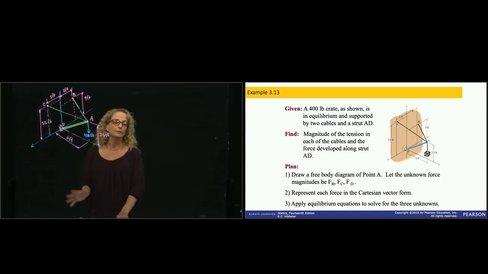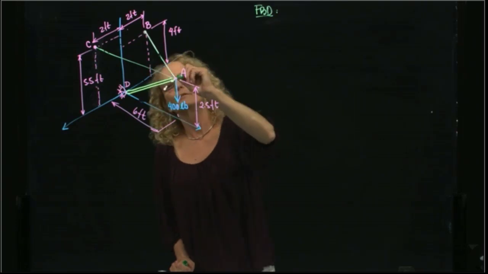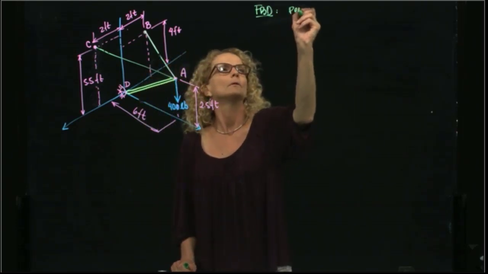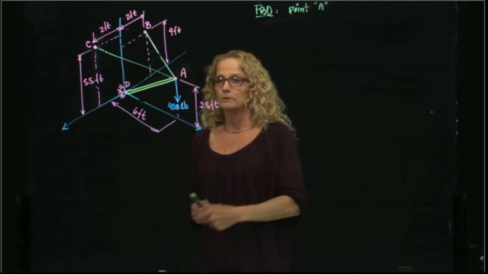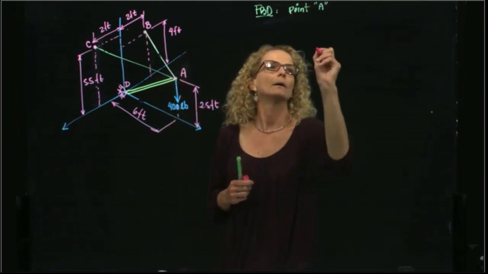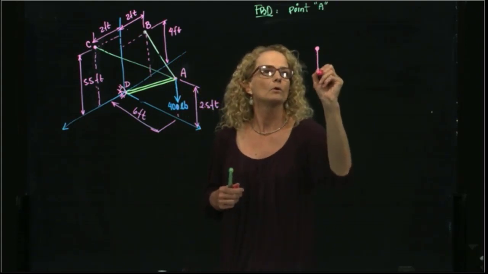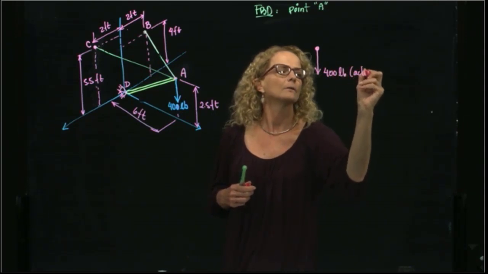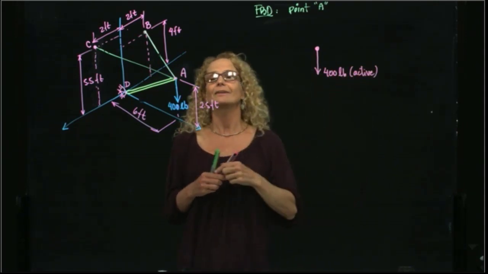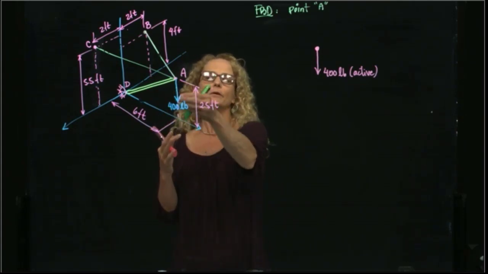So the first thing that we always have to do is draw our free body diagram, right? I will draw the free body diagram of point A. At my point A, I have an active force, which is the 400 pounds, and then I have the reactive forces caused by the supports that are carrying the weight.